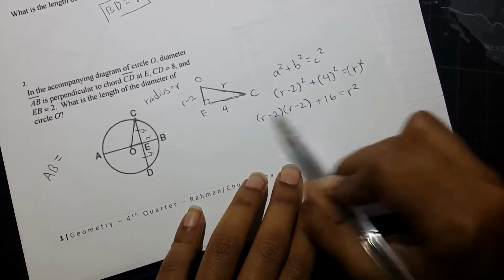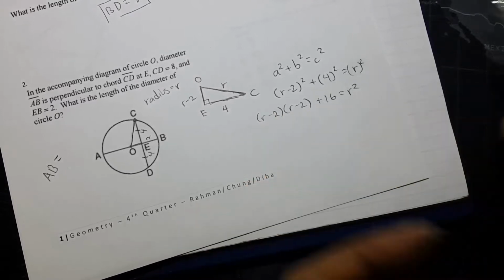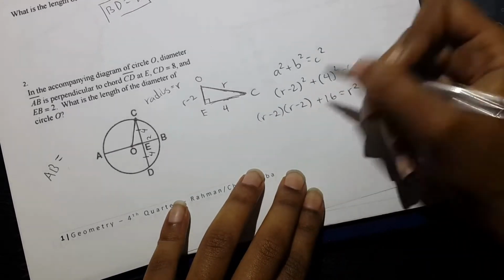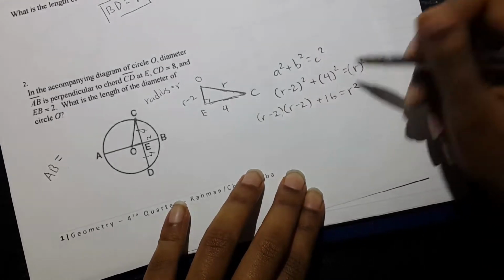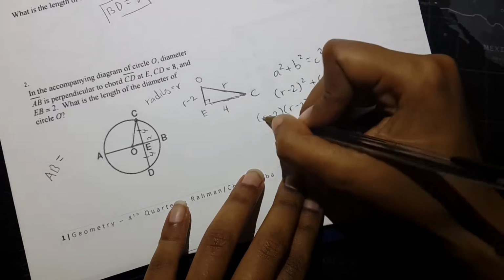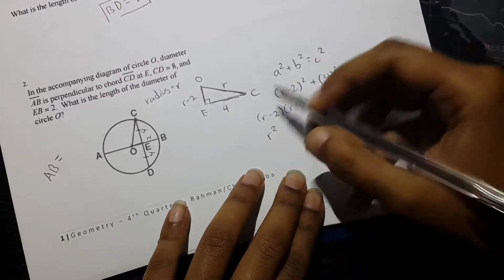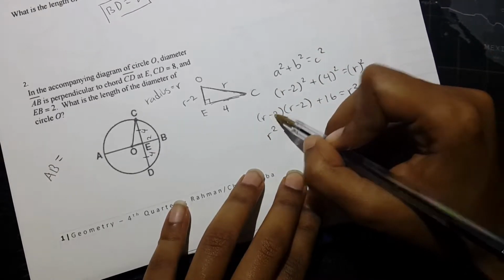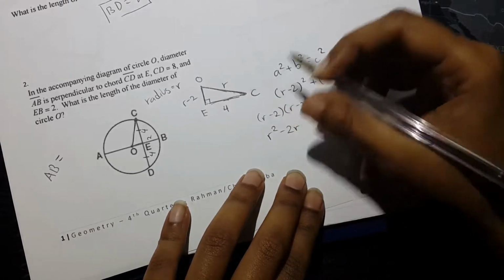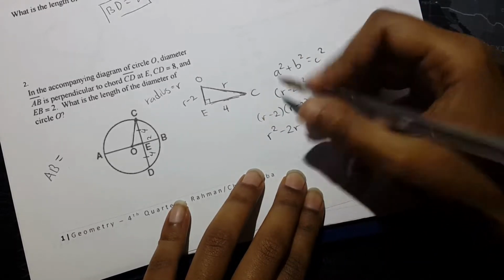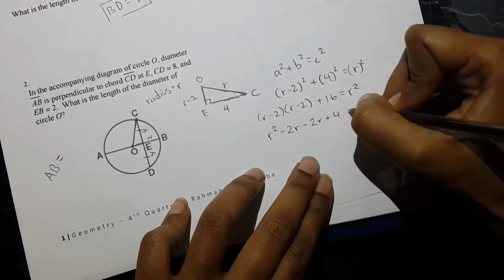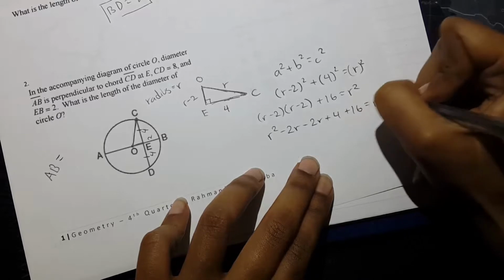We're going to end up foiling here, or distributing, or using the box method, whichever you're comfortable with, and then we'll continue on with how we would normally solve an equation. So r times r is r squared, negative 2 times r is minus 2r, and then minus 2 times minus 2 is plus 4, plus 16 equals r squared.